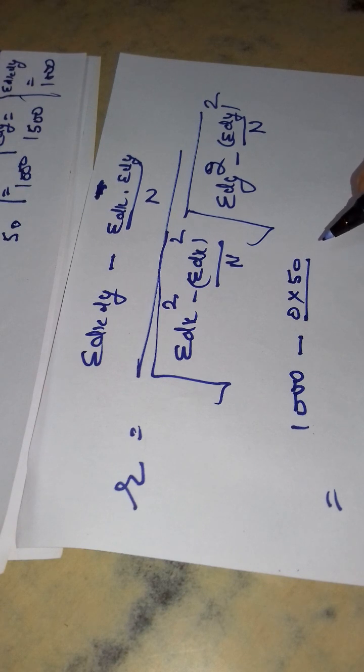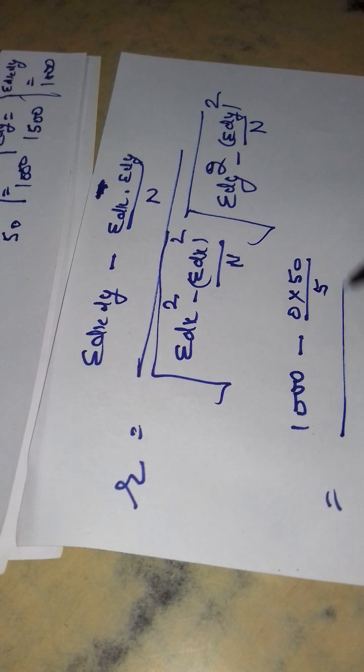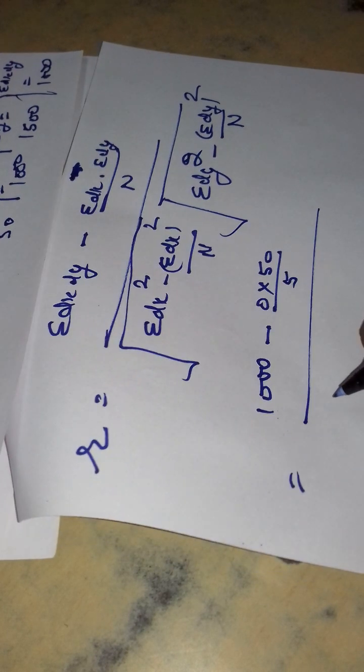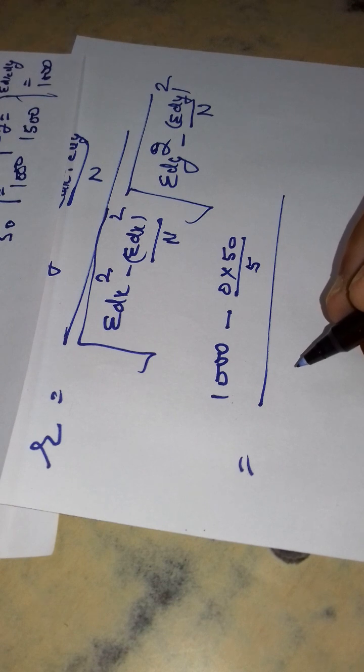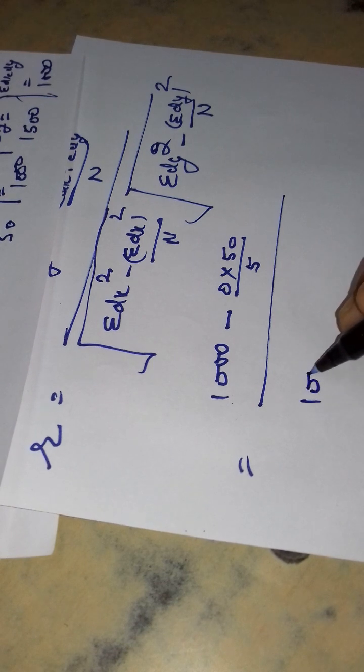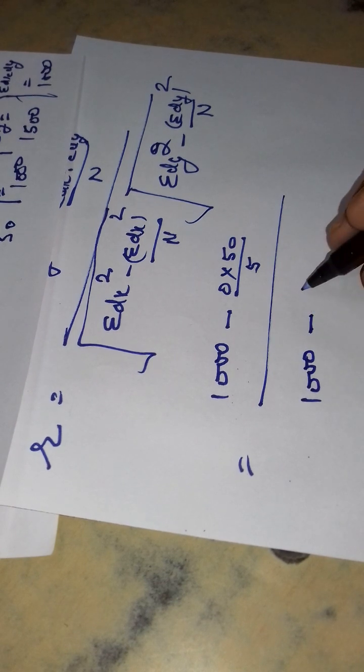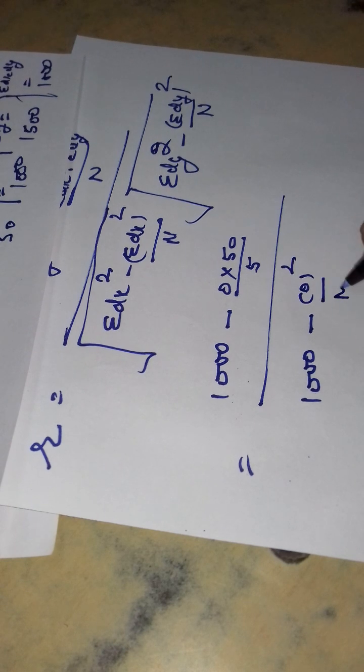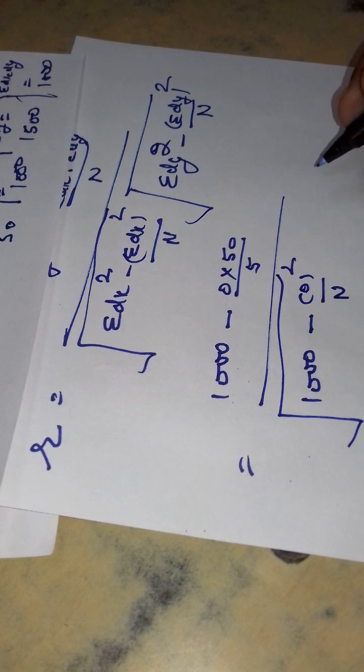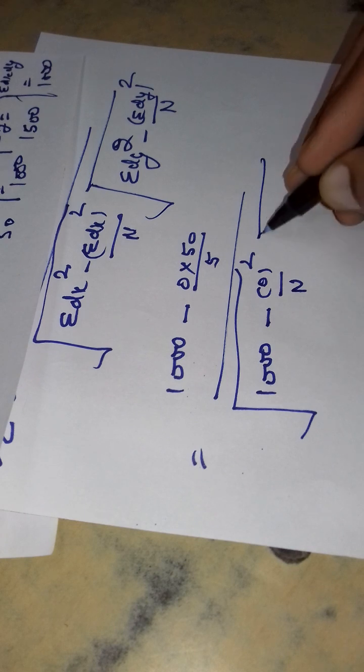Let's see the number of observations: 1, 2, 3, 4, 5, it is 5. Now again summation dx square is 1000 minus summation dx is 0, the whole 0 square over n, under root.